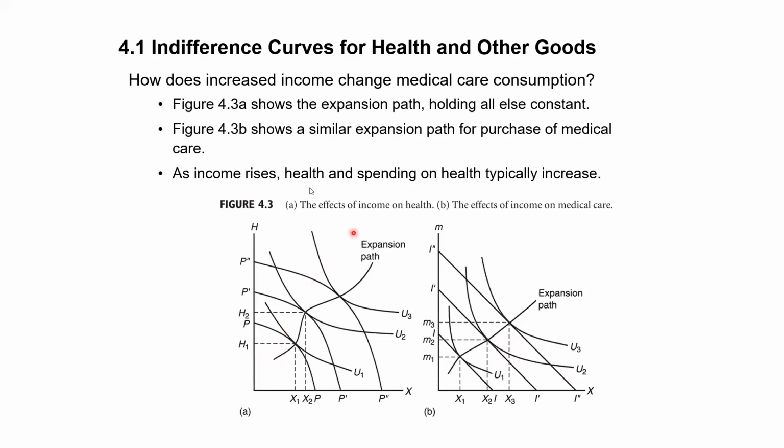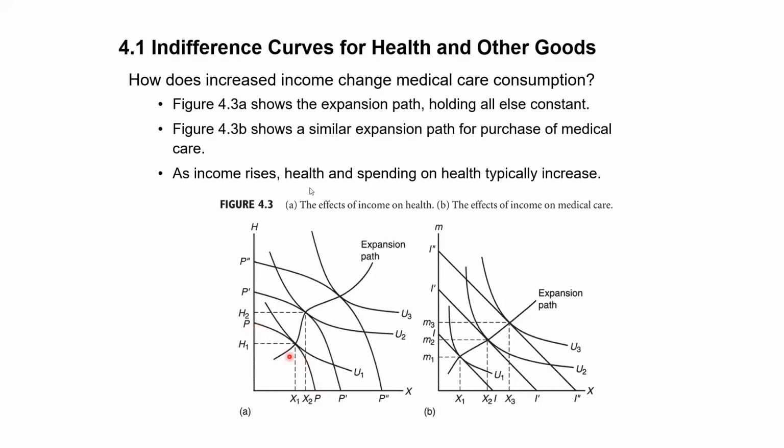So in any standard economic analysis, we would portray this relationship between income and health consumption as an outward shift. As your income increases, there will be a corresponding outward shift in the production possibility. So these are your production possibility curves, starting with this income level.